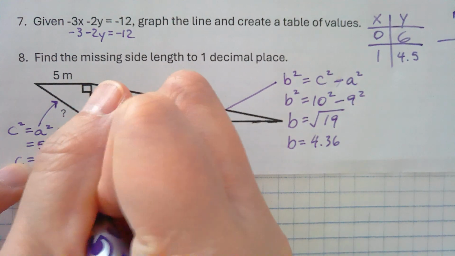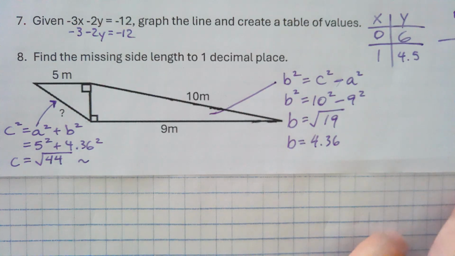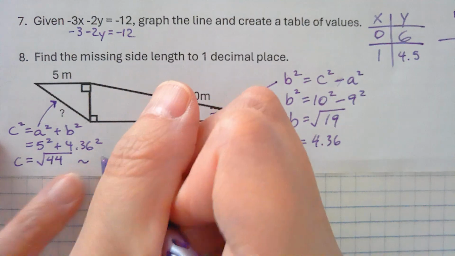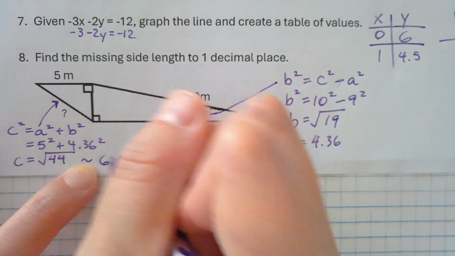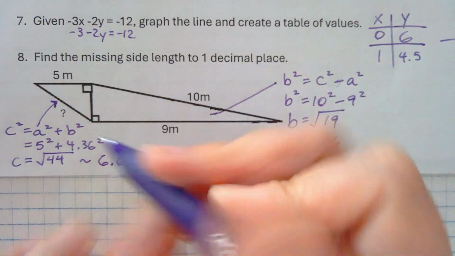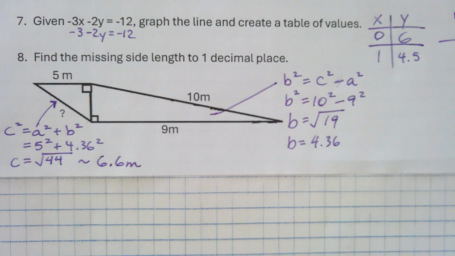I get about 44. So when I square root that, I get 6.6. Okay, what's my unit? Meters, because we were talking about a dimension, a length. So it's just 6.6 meters.